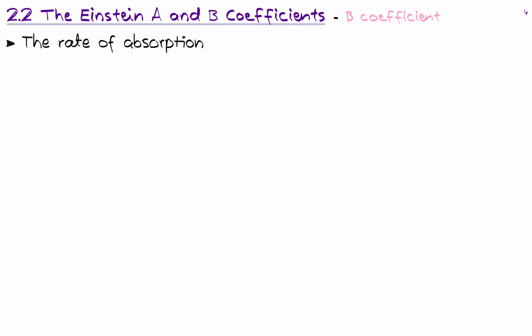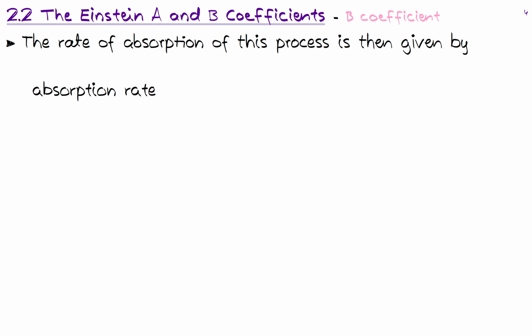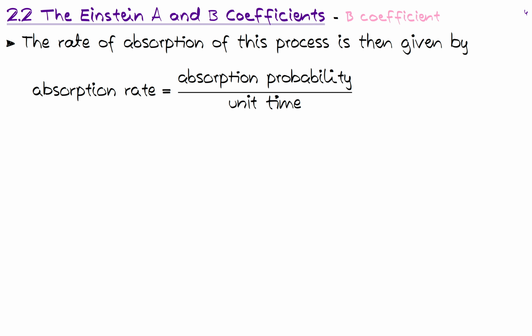Let's now first start looking into the B coefficient that concerns the absorption and stimulated emission. We want to calculate the absorption rate, the W-abs value, which is defined as the absorption probability per unit time. Mathematically, it is essentially a time derivative of the modulus square of the coefficient for the electron to be in the excited state.